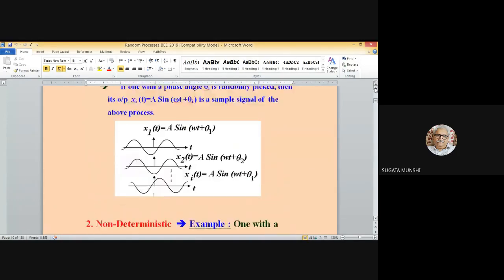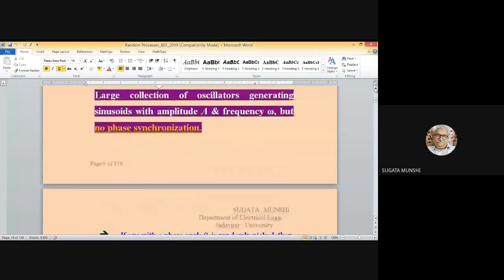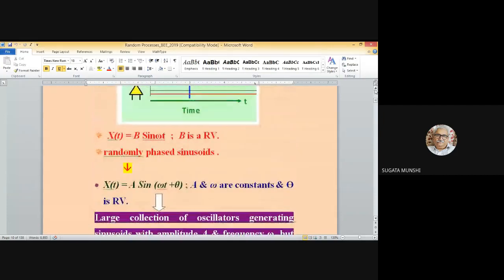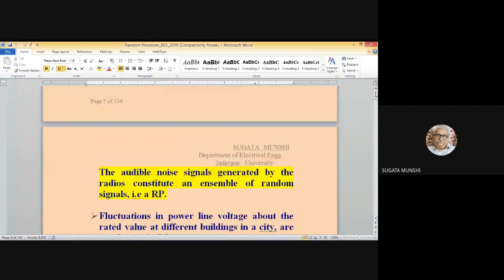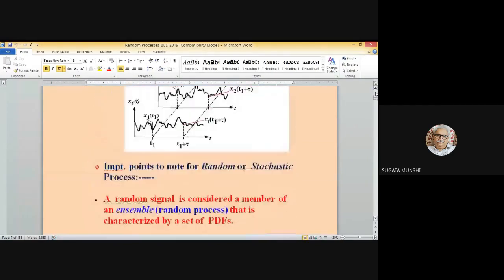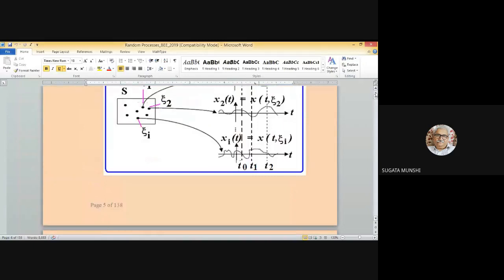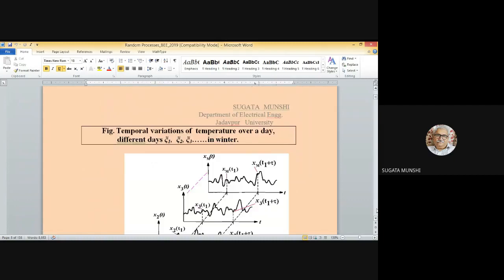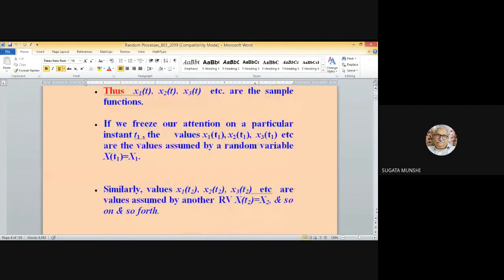All right. This is the case of a continuous time and continuous amplitude random process. This one is also the case of continuous time and continuous amplitude random process, where the time can take on a continuum of values and the sample realizations can also take on a continuum of values.